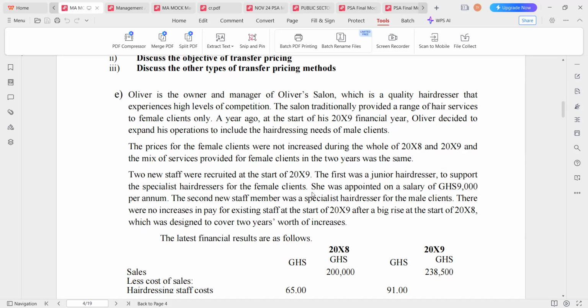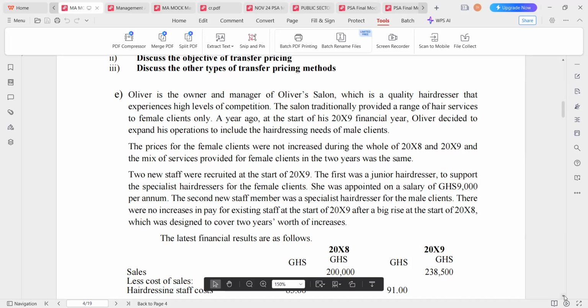First assumption, the female price has not been increased. So that means the female price they will use, and that one alone solves the problem. It has answered our question. They say that the female price has not been increased.